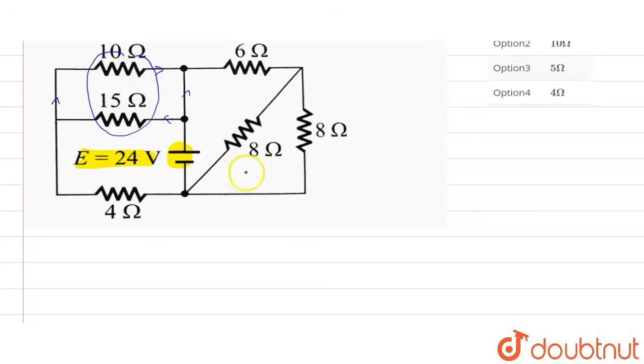Now we can also see that as current goes from here to here, then moving forward it goes here and then here. The current separates here and finally meets at this point. So we can also say that these two are also in parallel.